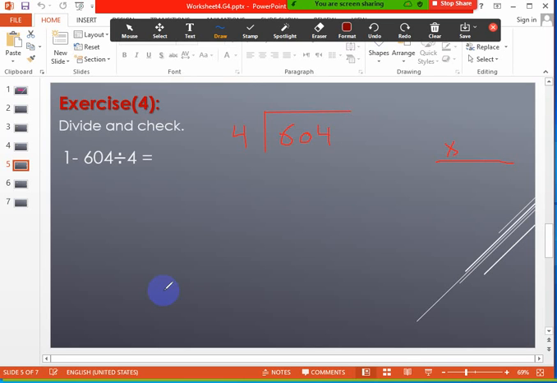That means you are using a calculator to find the answer. So please don't use the calculator, only use your mind to find the quotient and the strategy that I taught you. Yes, Taline, open the mic and let's divide 604 by 4.